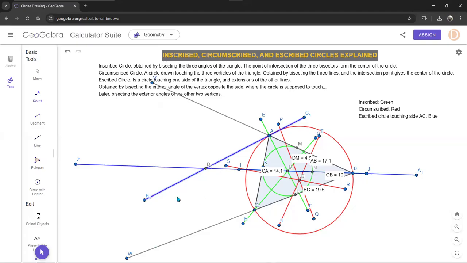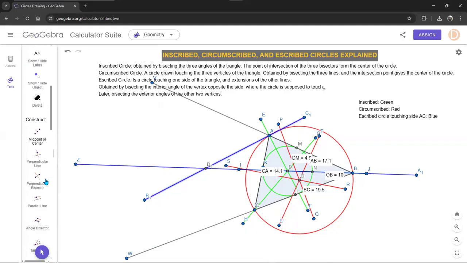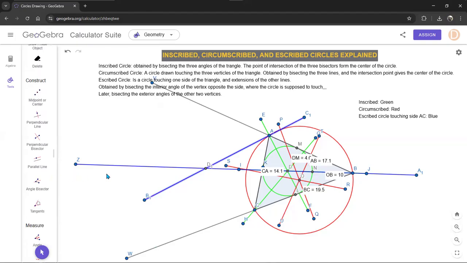So if we're going to bisect this, we just want to see if we have a common point. This tells you that if you are accurate, you can use only two bisectors. But it's good to use all three of them, because if the three bisectors, maybe one is not meeting at the common point, then you know that you made a mistake.